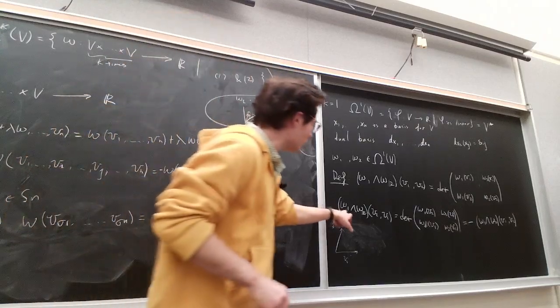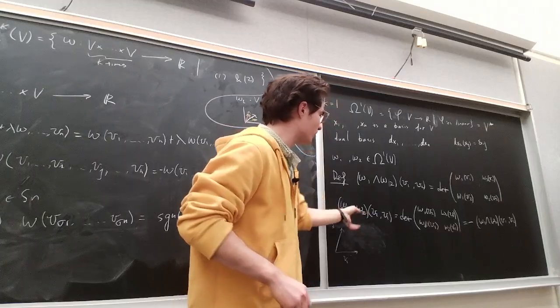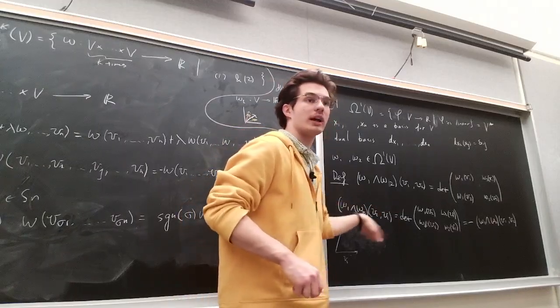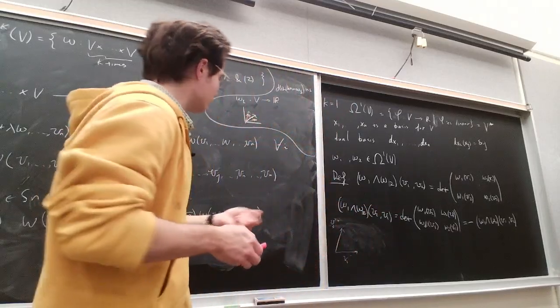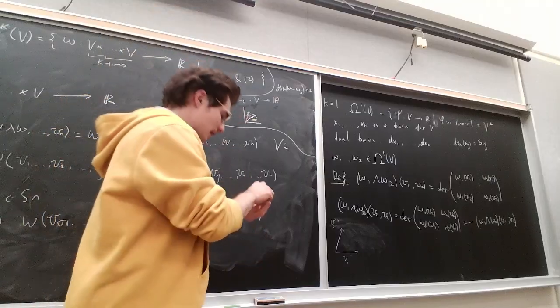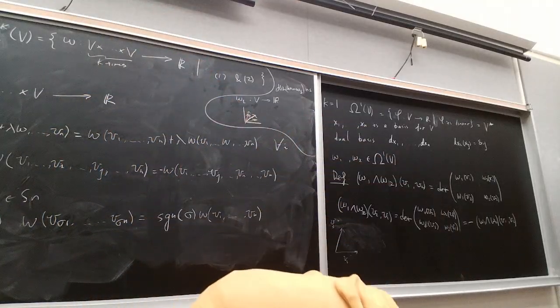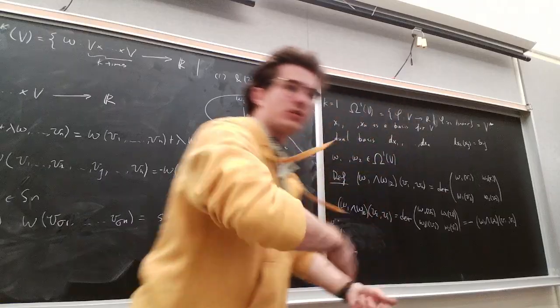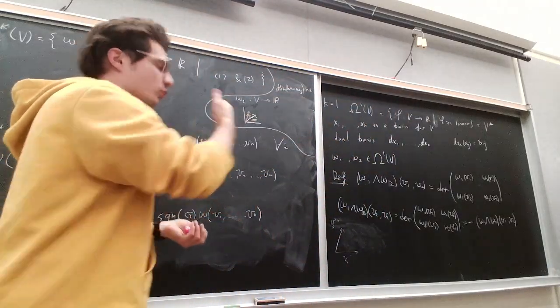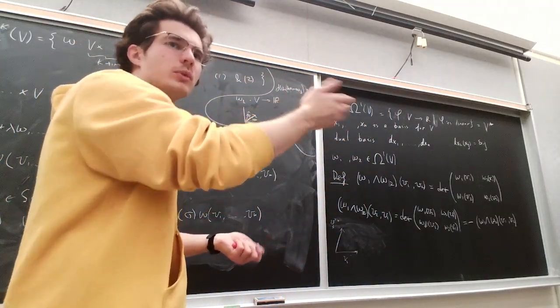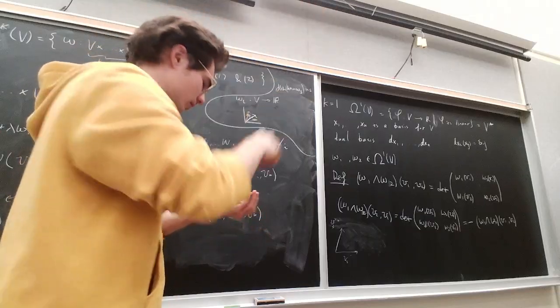And so what does omega 1 wedge omega 2 mean? I'm drawing this as a 2-form in 3 dimensions, but you can see how this would work with an m-form in n dimensions.